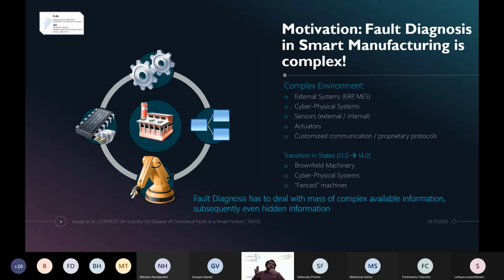Furthermore, we are in a transition between Industry 3.0 and Industry 4.0, with a lot of brownfield machinery and cyber physical systems working side by side. And we have, or I call it, fenced machines, where we have a lot of internal data that is not communicated to the outside world. So fault diagnosis in a smart factory has to deal with big complex data and even hidden information.